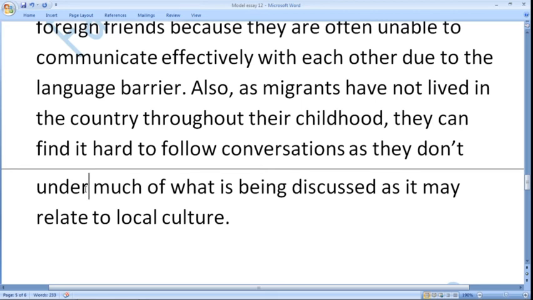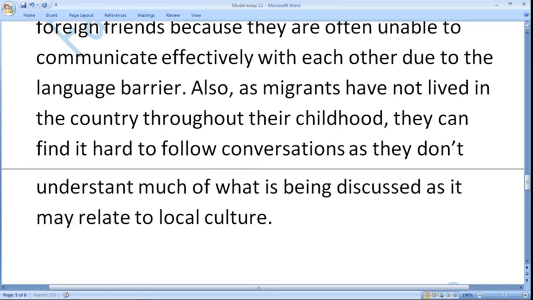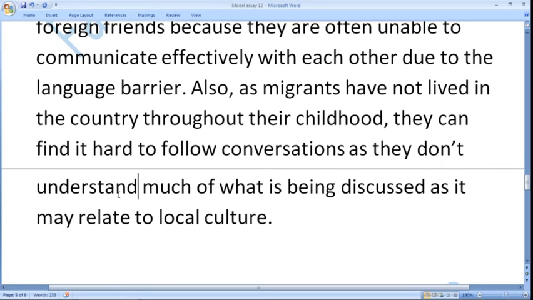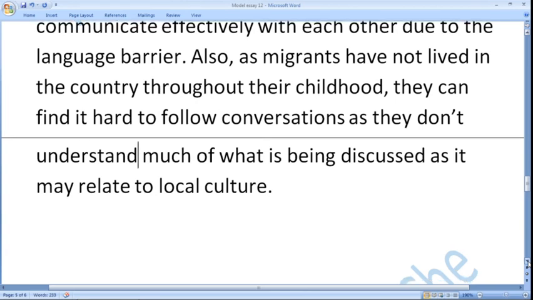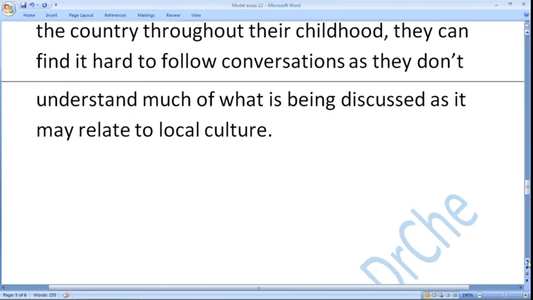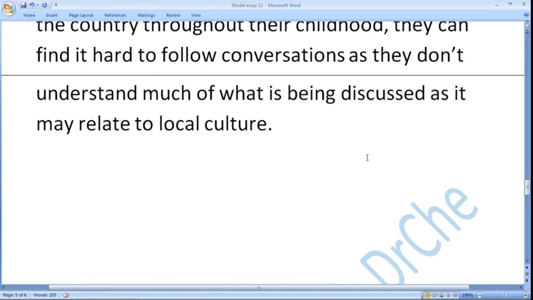This is how the proofreading can be. They cannot understand much of what is being discussed as it may relate to local culture. They also live here for a short time, so this is one of the problems also.